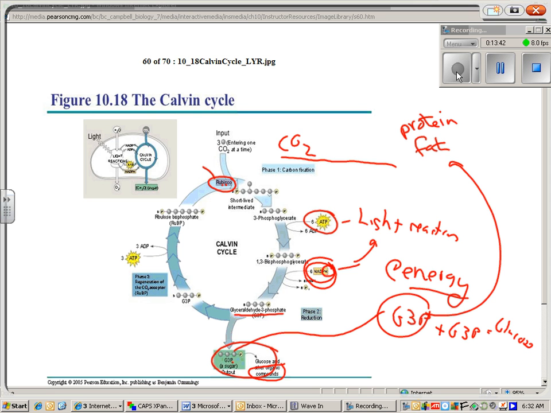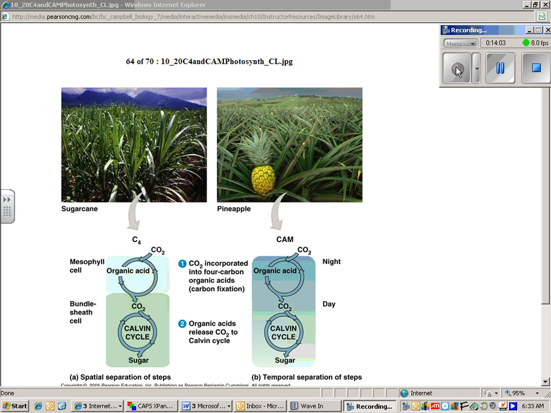It's sort of a building block of glucose and other organic compounds. So basically in the Kelvin cycle, you have carbon dioxide in from the air, energy from the light reactions, and the output is a sugar. That's not so hard to remember.